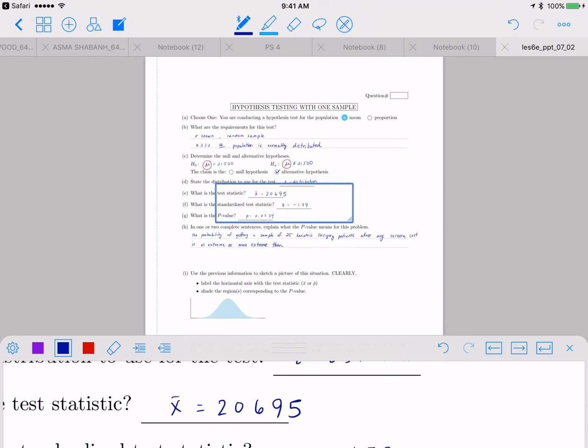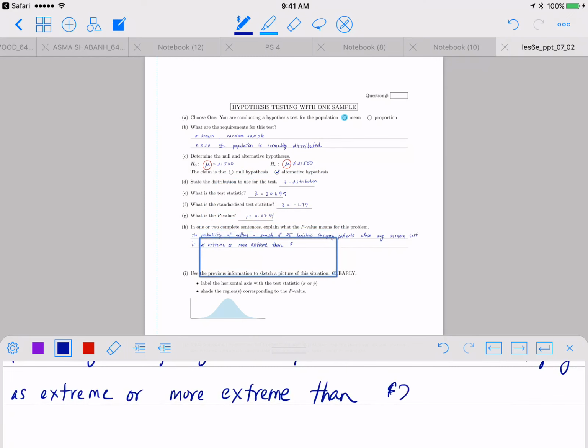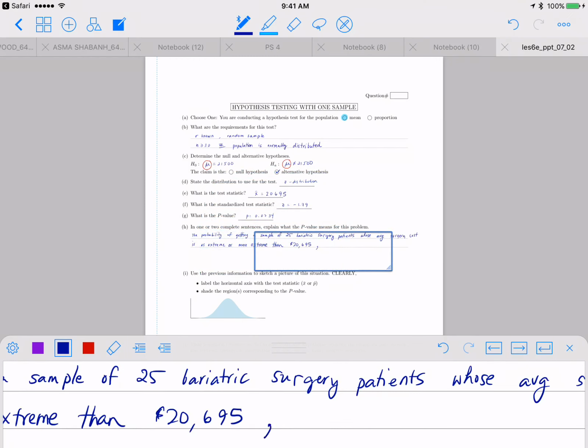What was our average? Our sample average was $20,695.